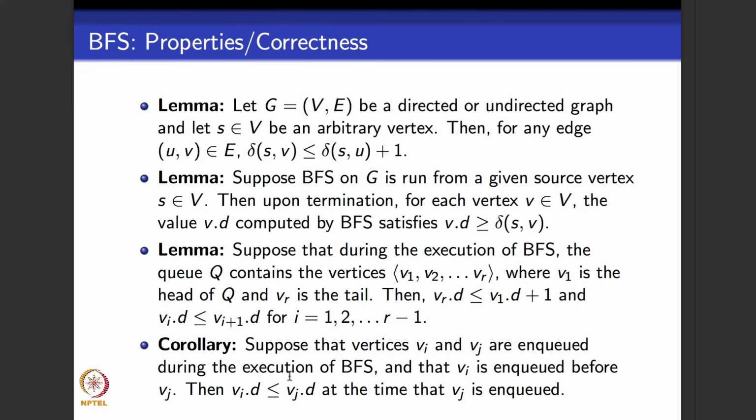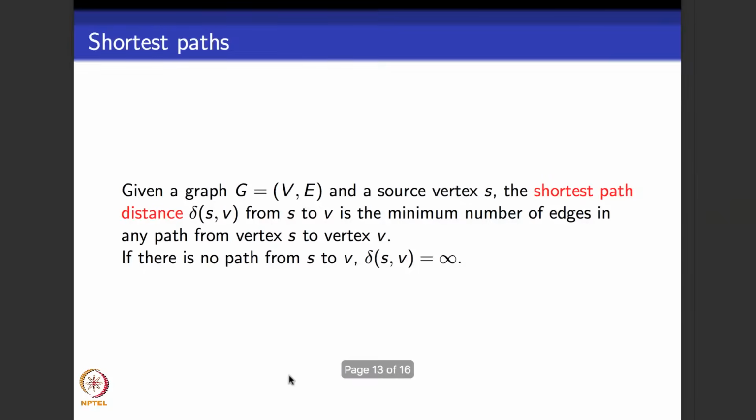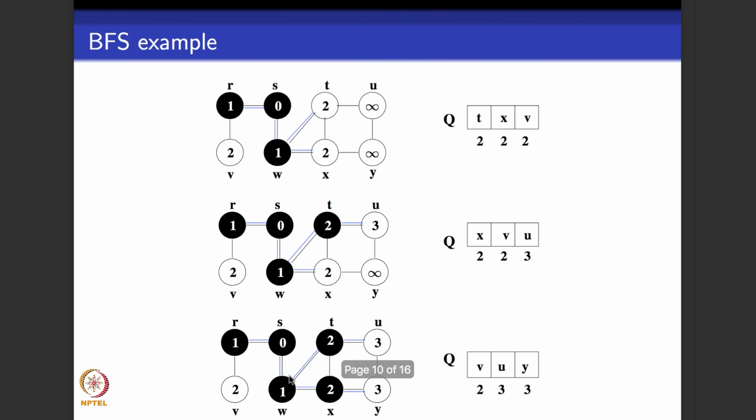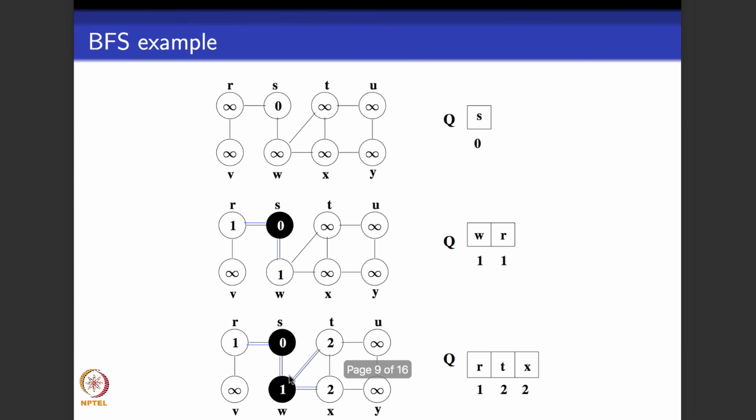The fourth lemma says that the queue strongly influences the order of exploring the vertices. For example, if you go back and see in this code, in the beginning, when I look at the source S, it has two vertices in its adjacency list, R and W. I put W first and R next.